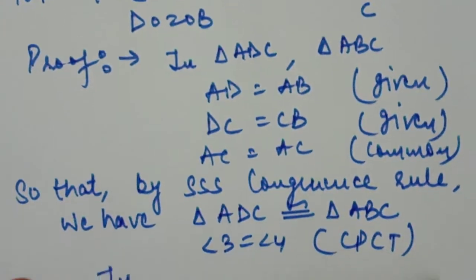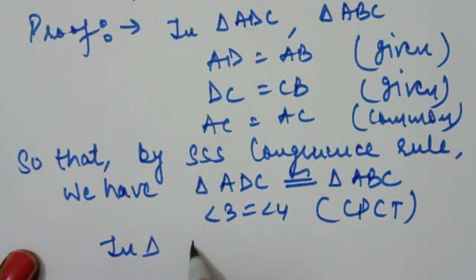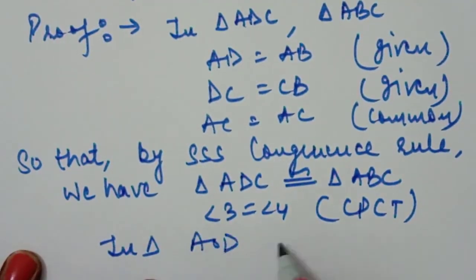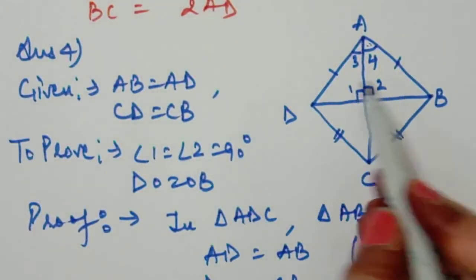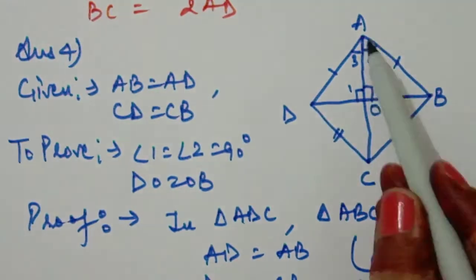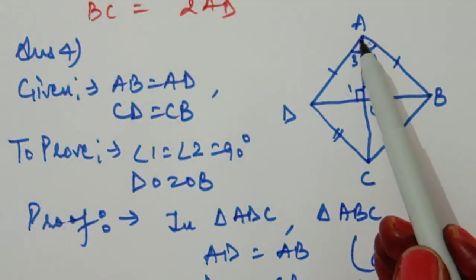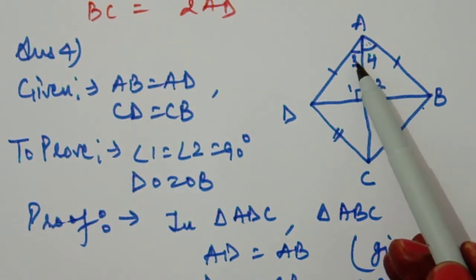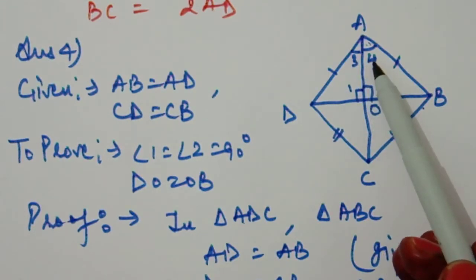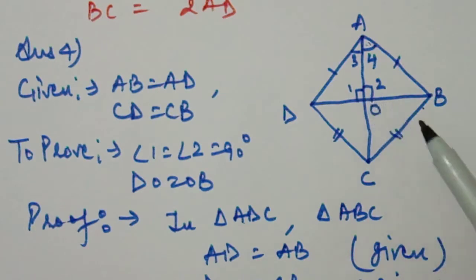In triangle AOD and triangle AOB, I choose these two small triangles AOD and AOB. Now three elements. First of all, AD is equal to AB. Second, angle 3 is equal to angle 4, proved above, and third one is side AO, common to both.